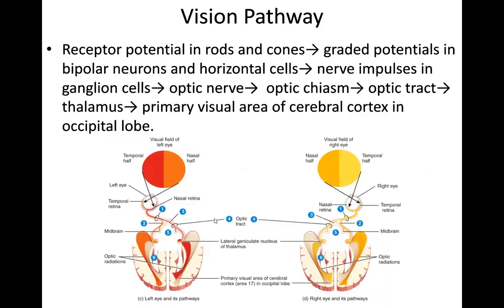Okay. So it all begins once again by creating a receptor potential in your rods and cones, which then releases neurotransmitters that creates graded potentials in the bipolar neurons and horizontal cells. And then signals are transmitted to the ganglion cells, which help form the optic nerves. Now, what takes place next is really crazy.